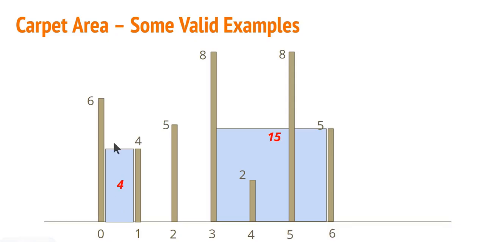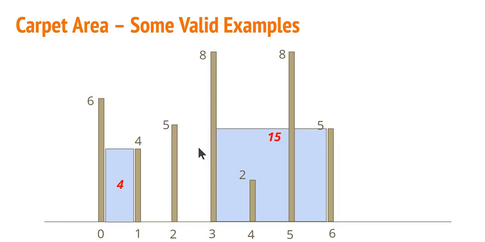So I can, for example, put a carpet of area 4 unit square. I can similarly put a carpet of, let's say, 15 units between this line and this line. I can put a carpet area of, let's say, 5 units between these two lines, because 8 and 5, and so on.